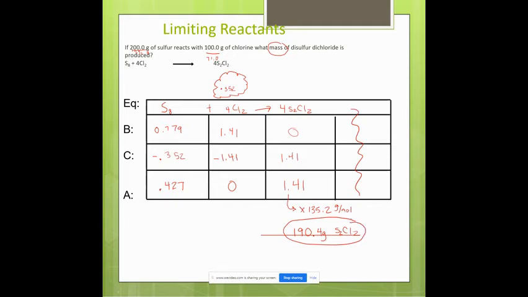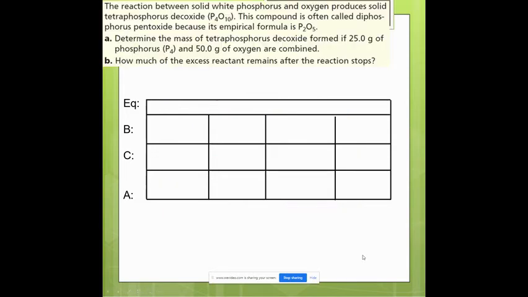All right. So the next one, they did not give us a balanced equation, so we're going to have to balance this equation out. And when we do that, it tells us that we have P4, and that's going to react with oxygen.